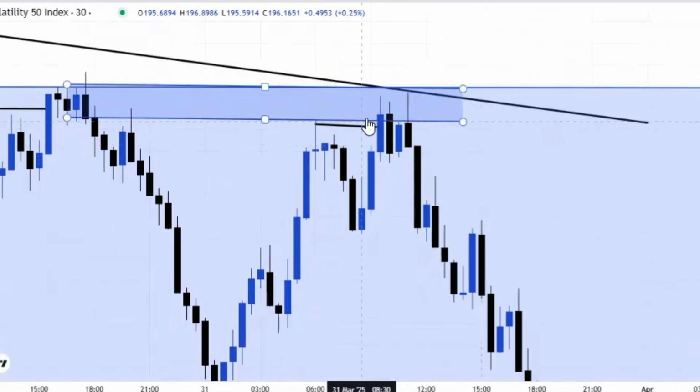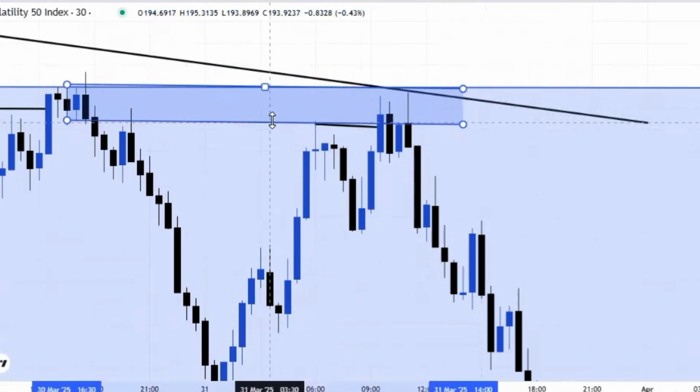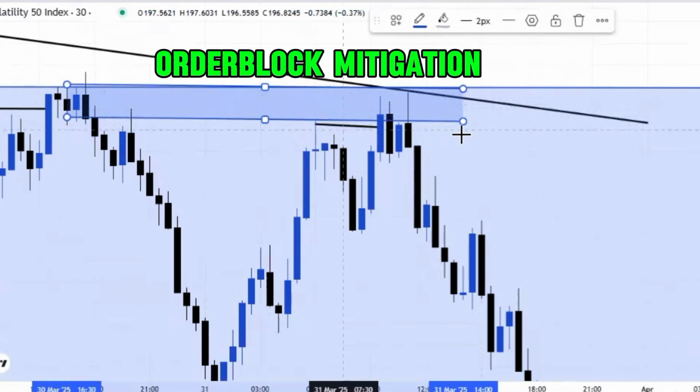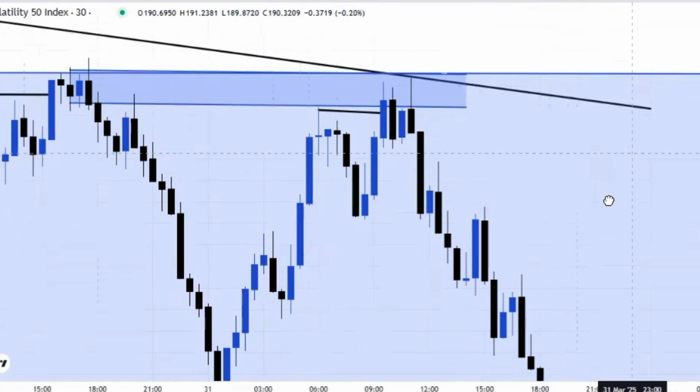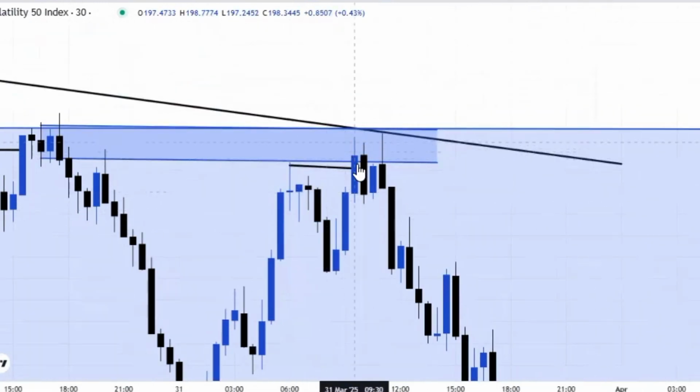After price took out liquidity, price went inside to fill the other block here and mitigate it. We'll find that the market was playing around that level. It created a bullish candle, as if the market still wanted to buy, but came back again and formed a bearish candle. So price was actually playing around that level.